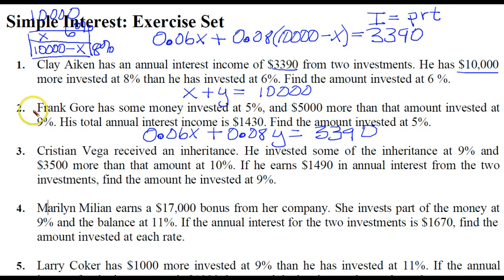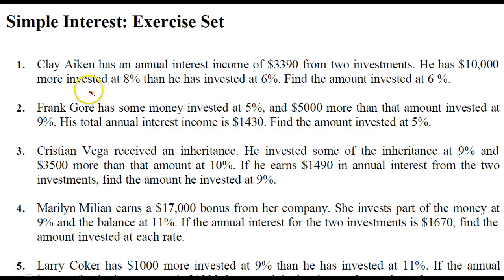Now, in looking at example 2, that's a little different. So we'll take a look at number 2. So if you've paused and read it, we'll take a look at this. Now, do we know the total amount he had to invest?